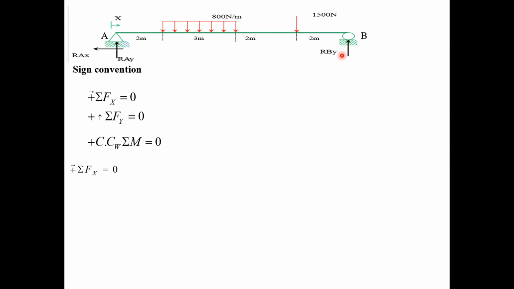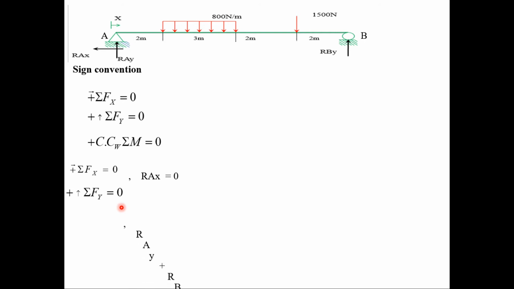So using the first equilibrium equation, summation of force in the x is equal to 0. The only reaction is RAX. We do not have any horizontal force, so RAX will be 0. Using the second equation, summation of force in the y is equal to 0.